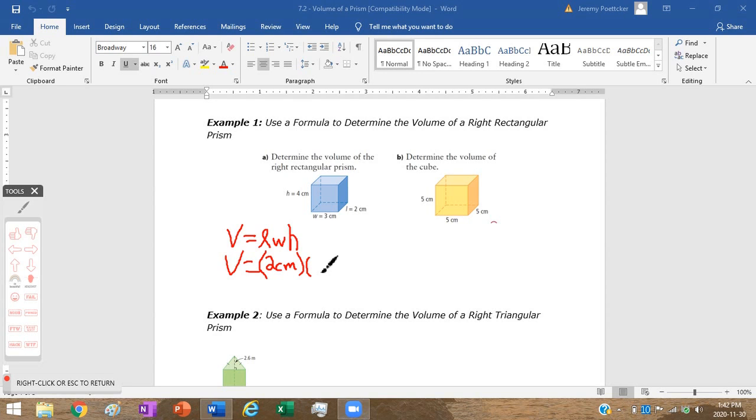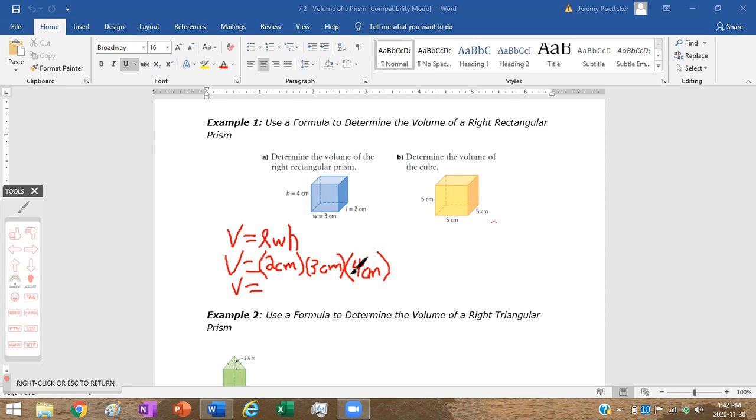The next set of brackets will have the width, which is 3 centimeters. And the last one is going to have the height, which is 4 centimeters. So what this means is the volume is equal to 2 centimeters times 3 centimeters times 4 centimeters.